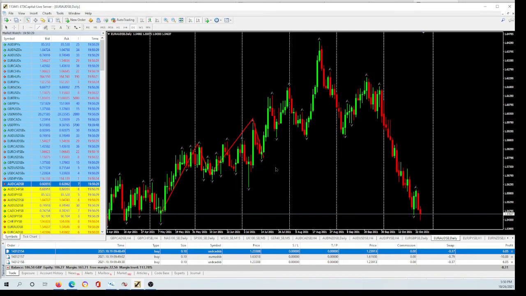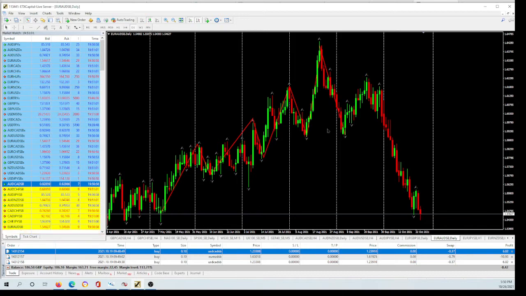Then you have higher again, then you have a low, then you have high again. So that is an uptrend, and you have higher lows again.